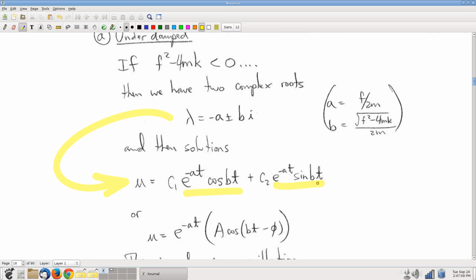Here's that fundamental set of solutions. As per previous lectures, we have an exponential times cosine and an exponential times sine. The general solution, of course, is all linear combinations of those.